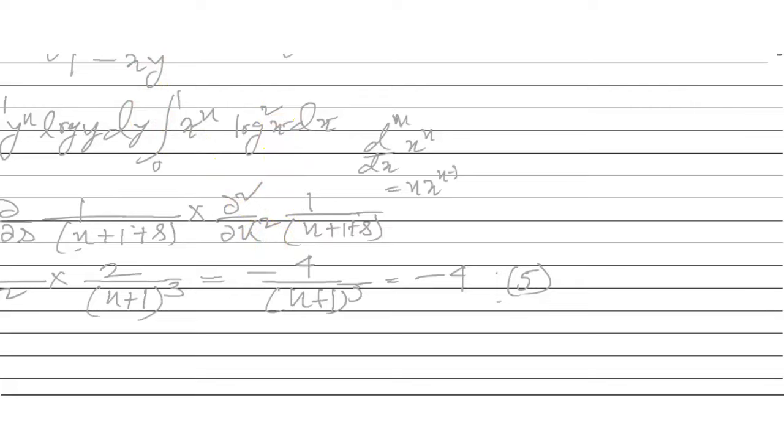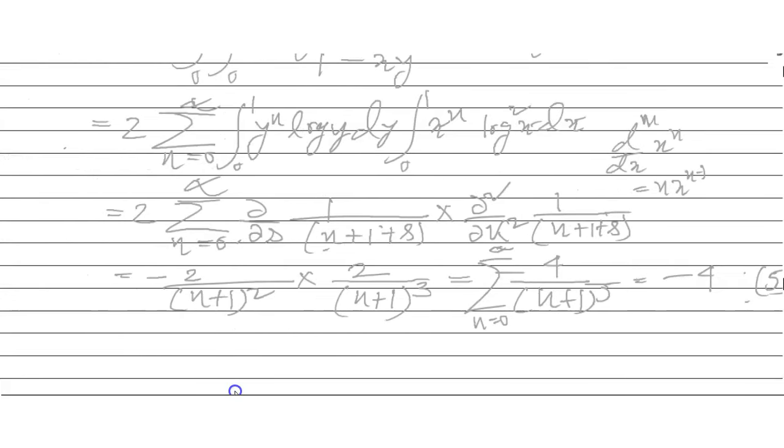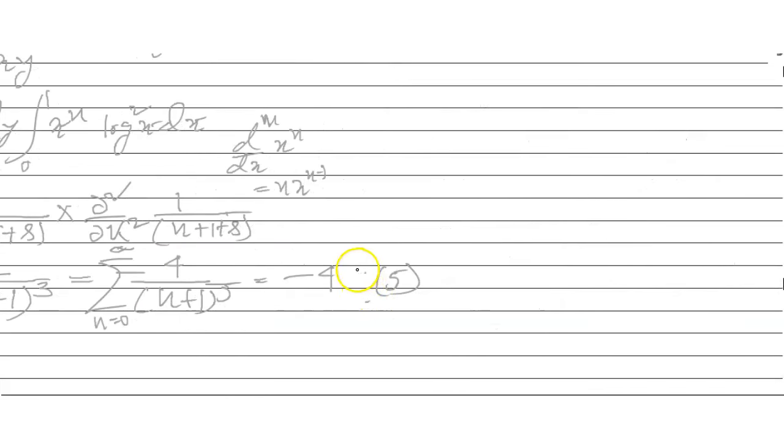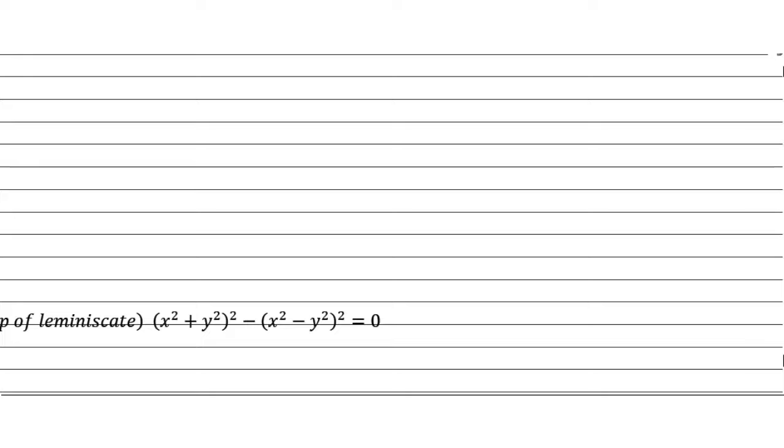And the formula is summation n equals 0 to infinity, and this is the zeta. So friends, I hope I have made this concept clear. So this is my answer. Next I will go on to solve this problem.